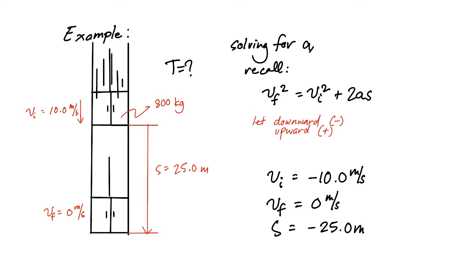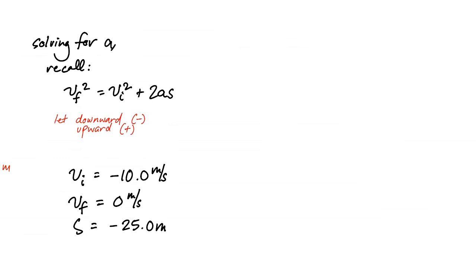So from our equation, we will now solve for the acceleration doon sa ating object. So we have Vf squared minus Vi squared. So we just transpose itong Vi from the right-hand side ng equation to the left-hand side of the equation. Okay? Tapos we will try to transfer itong 2 at saka itong S doon sa other side.